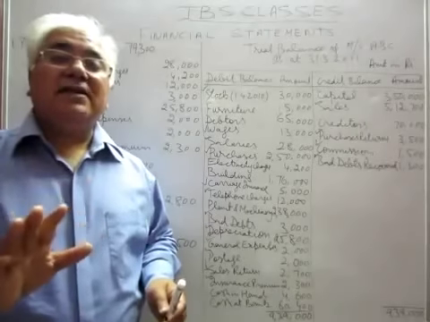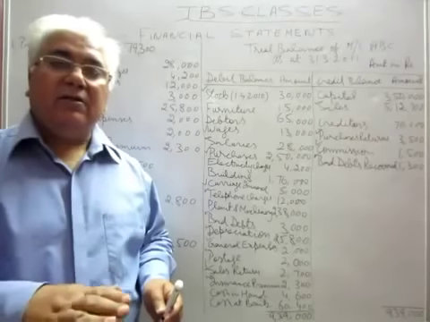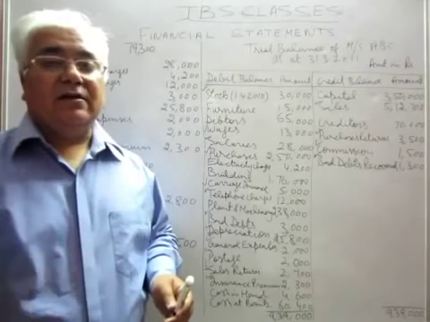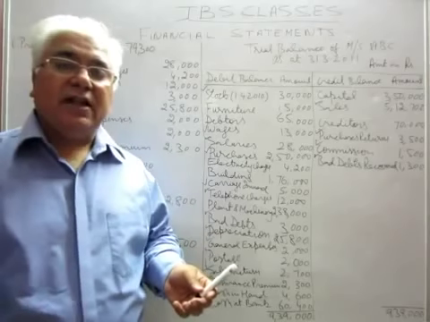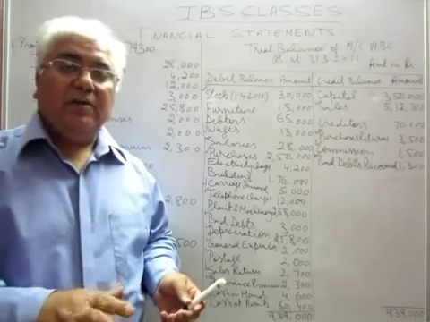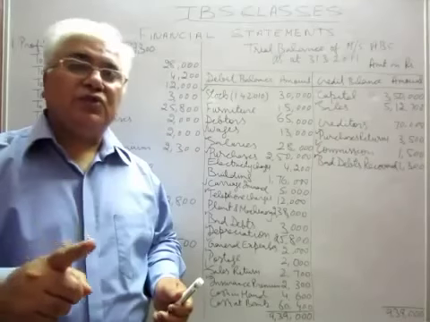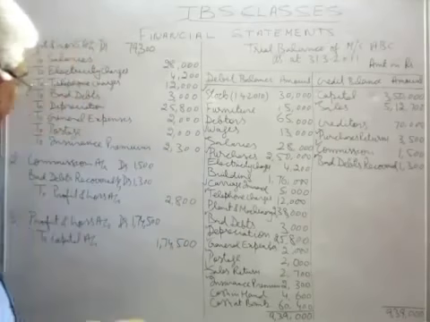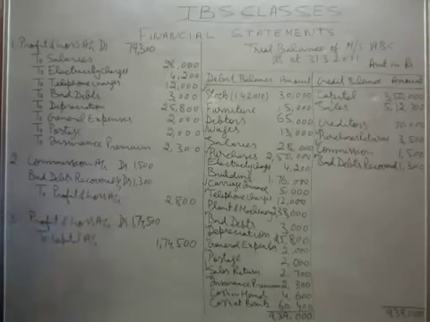Now we cannot make this entry, that is cash account or bank account debited to Mr. A's account. It cannot be possible. Now it's an income for this year. Hence the entry is cash account or bank account debited to bad debts recovered account. This is an income. So this account will be closed to profit and loss account. The entry will be bad debts recovered account debit to profit and loss account.